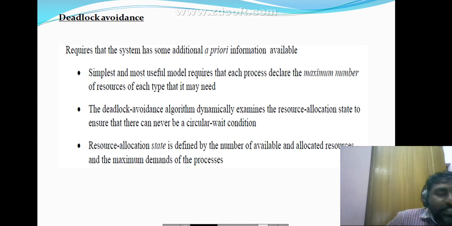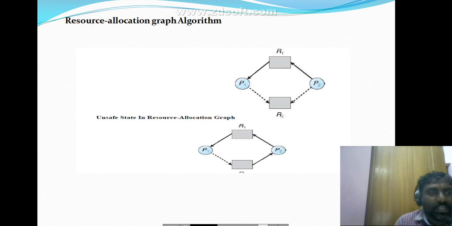Avoidance means ensuring that a system will never enter into the unsafe state, trying to keep it always in a safe state. Next, we have avoidance algorithms. For a single instance of a resource type, we are going to use a resource allocation graph, whereas for multiple instances of a resource type, we are going to use the Banker's algorithm.